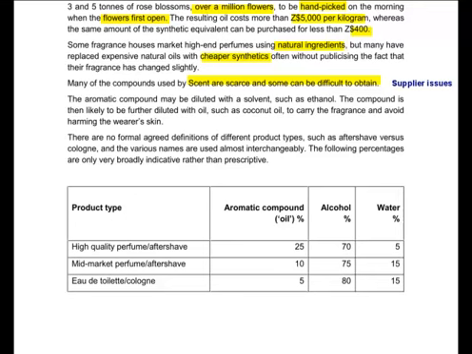And as you can see, much larger quantities of oil are found in the more expensive fragrances compared to the cheap ones. What makes them cheaper is that the ethanol, the alcohol, and the water is what dilutes it, and so the more oil you have, the stronger the scent.